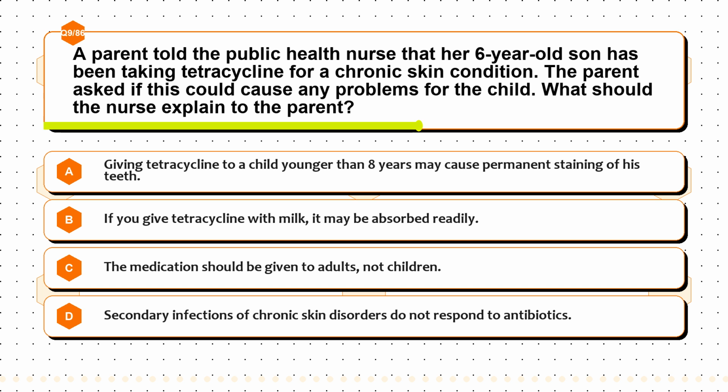Option B. If you give tetracycline with milk, it may be absorbed readily. Option C. The medication should be given to adults, not children. Option D. Secondary infections of chronic skin disorders do not respond to antibiotics.